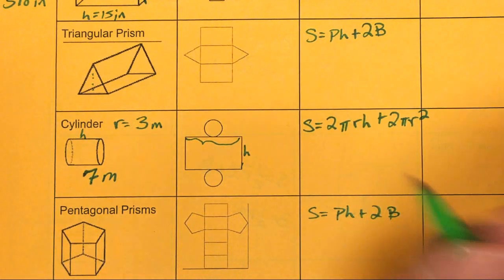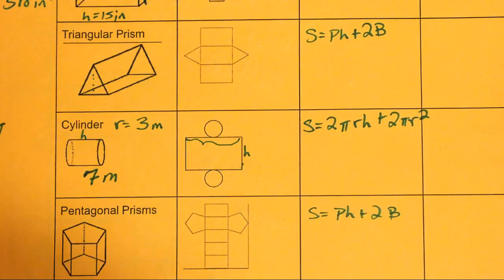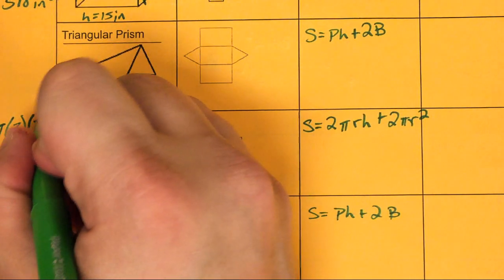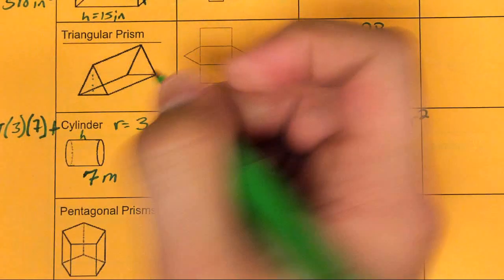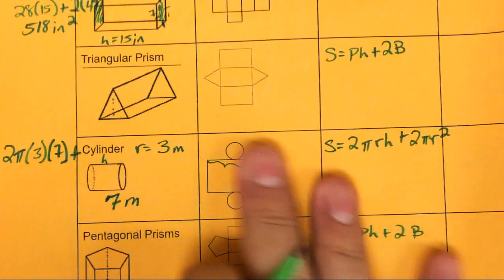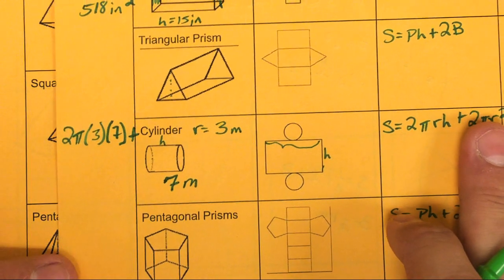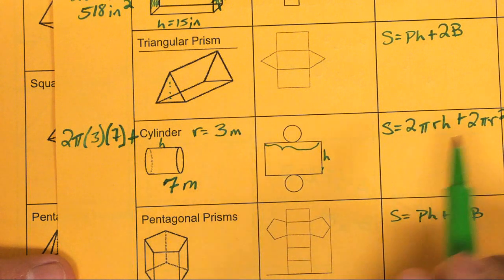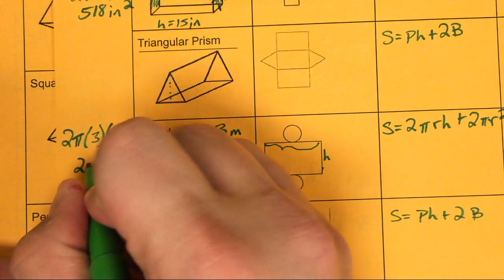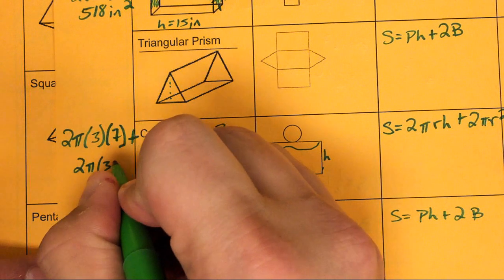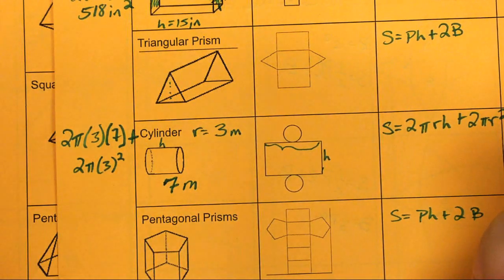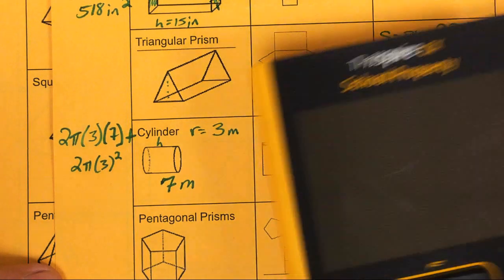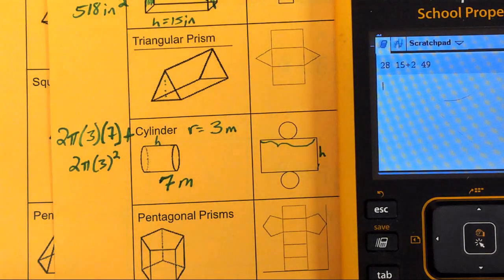So 2 pi times the radius of 3 times the height of 7 plus, I'm going to have to write below it because otherwise I'm out of room. Plus the 2 pi r, so 2 pi times 3 again, but 3 is squared.